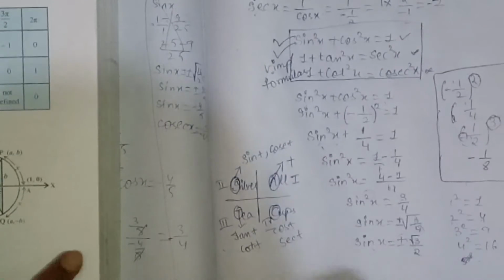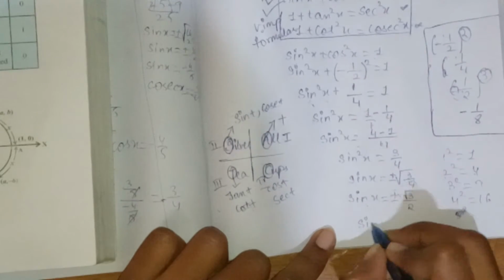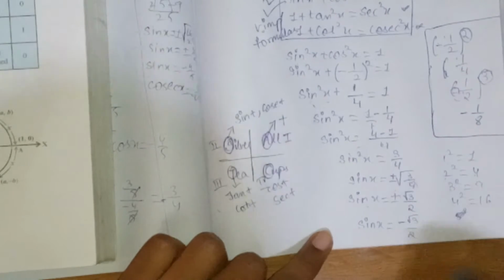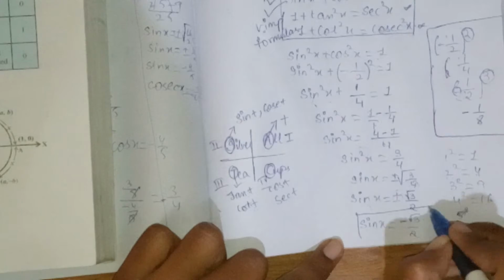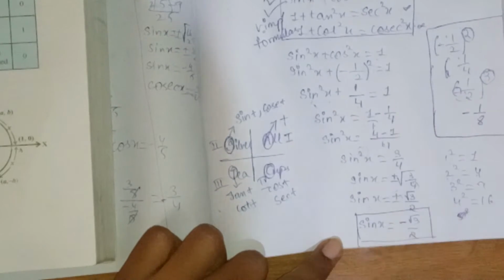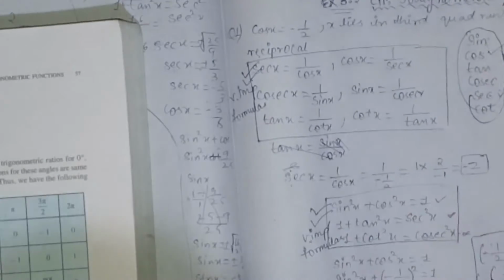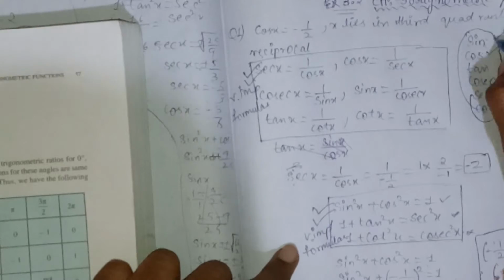So in this quadrant, sine will be minus. So the value of sine x will be minus root 3 by 2. So we got the value of sine, and also the value of sec, that is minus 2. See, sine also we got.